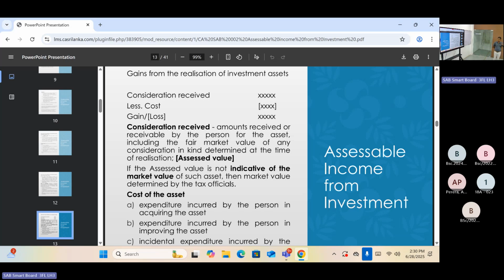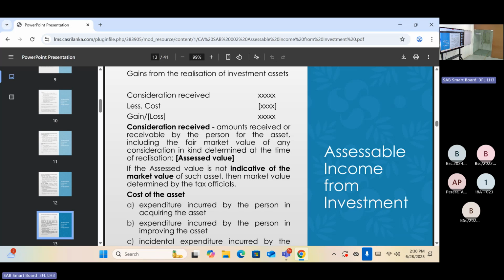Market value. Then the market value is determined by the tax officer. The tax officer can determine the market value. So if somebody wants to avoid taxes from this section, it is not possible. As I mentioned, if there is a market value, we have to use the market value. If there is an asset value, we have to use the asset value.